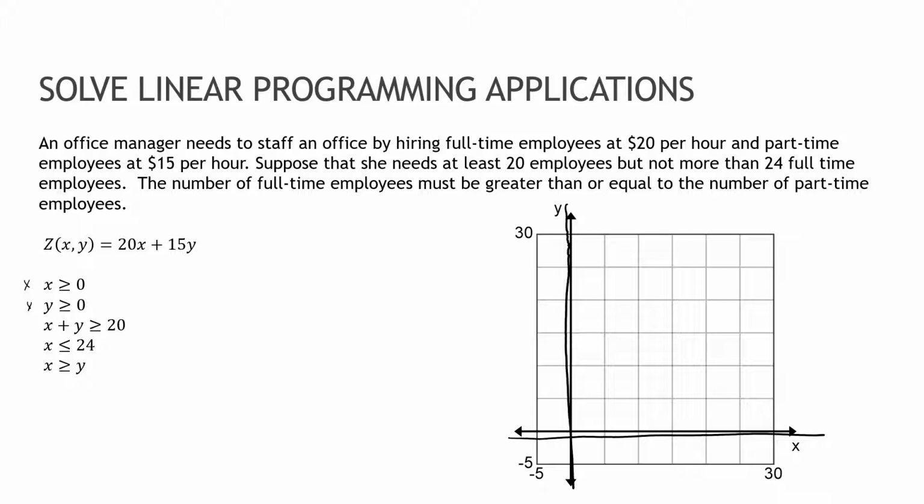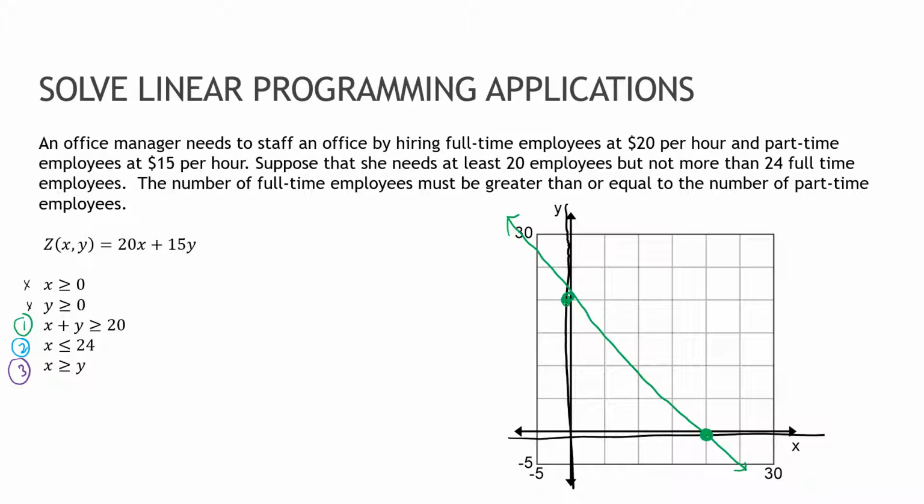Let's color code the rest of them as we normally do to make things easier to understand. 1, 2, and 3. So if I'm doing number 1, x plus y equals 20, again I'd use that cover up trick. Looks like my scale goes by 5, so I got a point here and a point here. Connect the dots. X is less than or equal to 24, so that's blue.